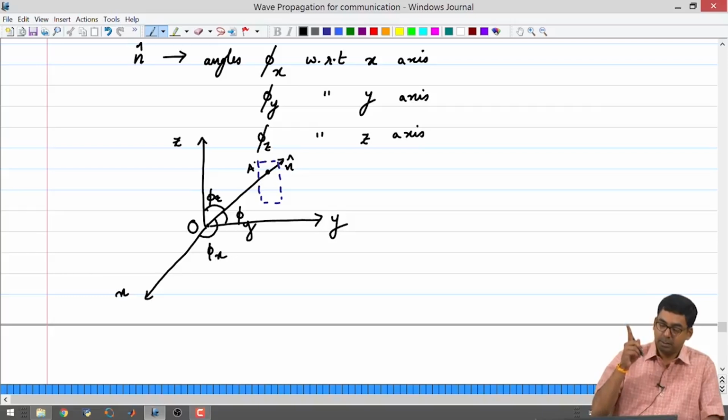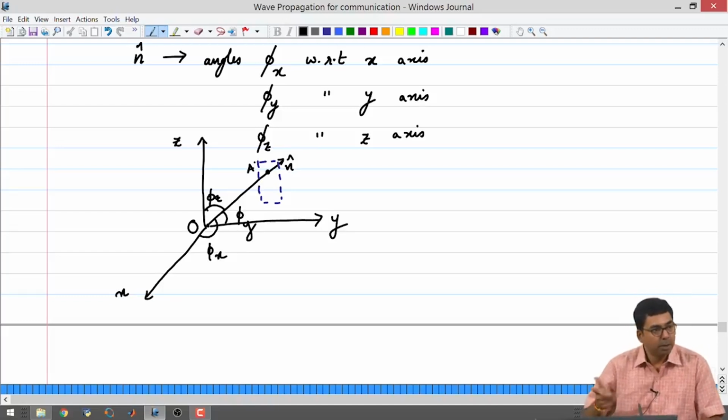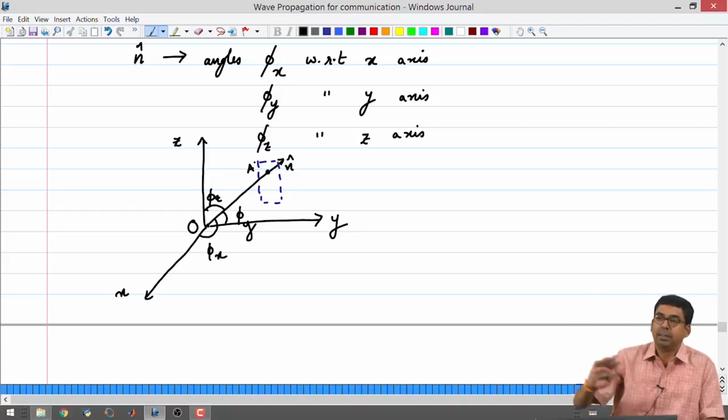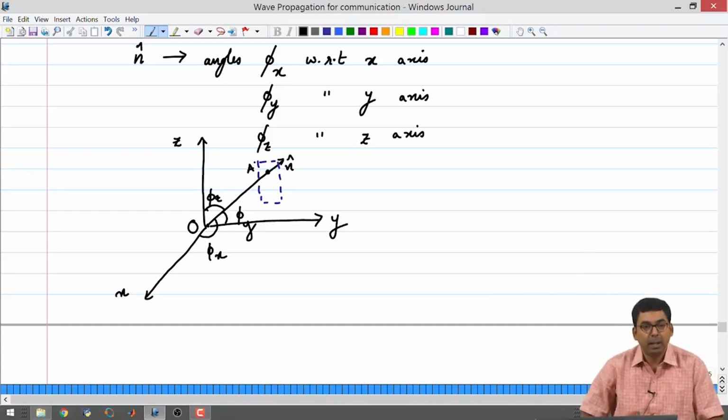So, now we have a unit vector, the direction of propagation, n hat. The coordinate axes defined according to the right hand system, x, y, z should form a perfect right hand triad. Angles between the axes are defined, and we have drawn a plane describing a constant phase plane at the point A, that is the setup that we are having.